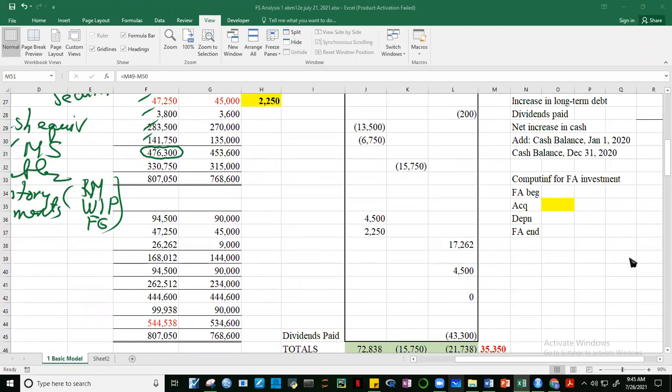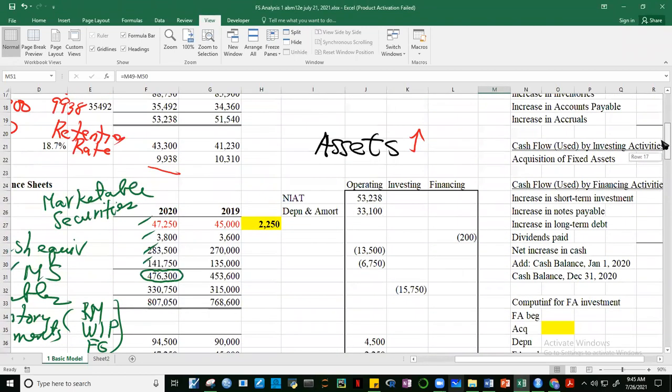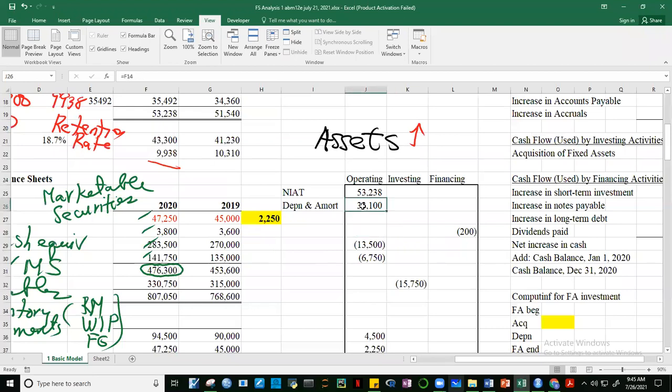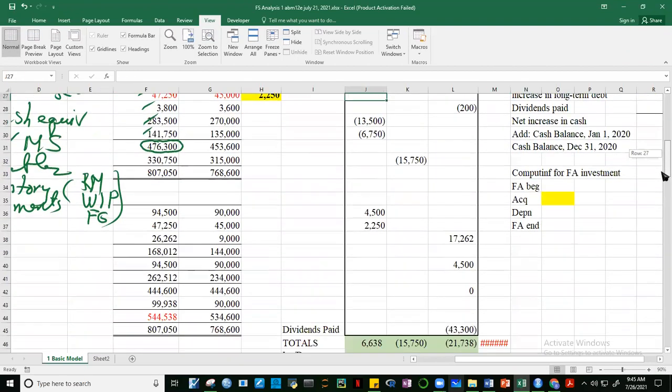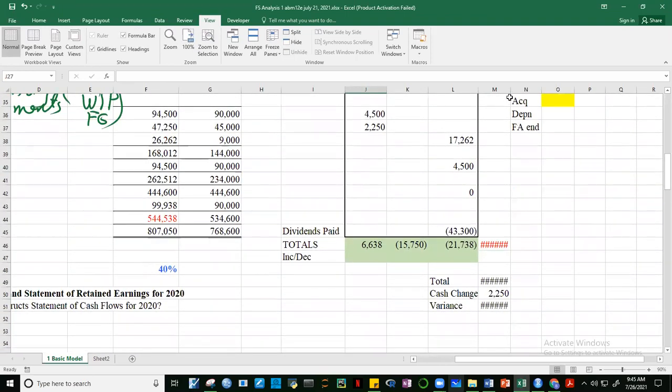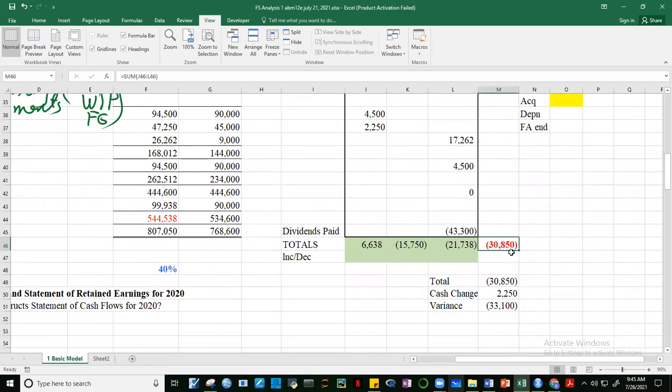Should be negative. Kung in-negative natin to, guys, depreciation and amortization, ibabawas natin. Sige, ibawas natin. Negative daw, ano? Kung in-negative natin to, oops. Oh, hindi pa rin tama, ano? Okay, we have now a net use of cash na.